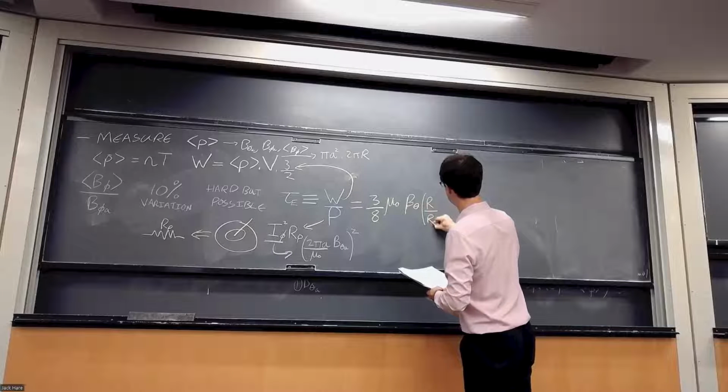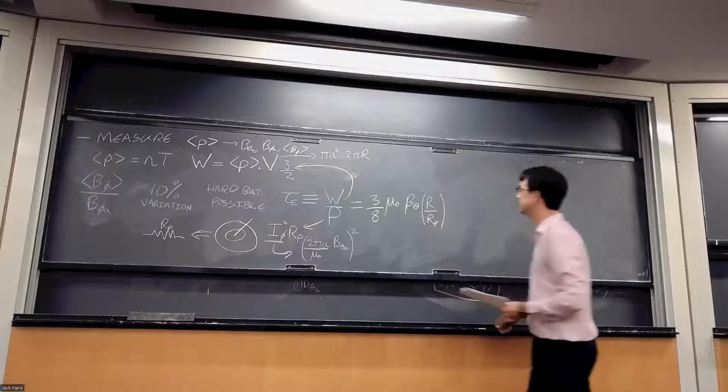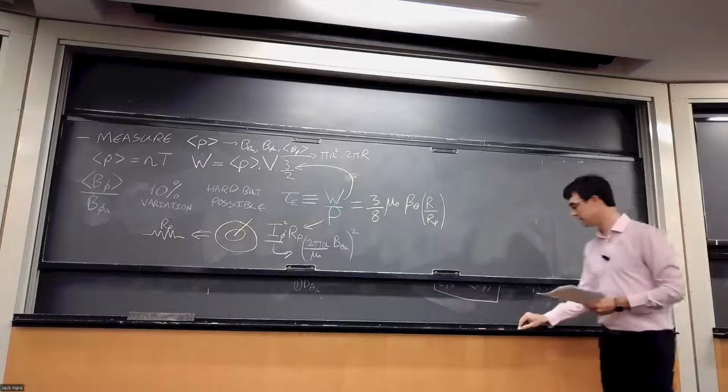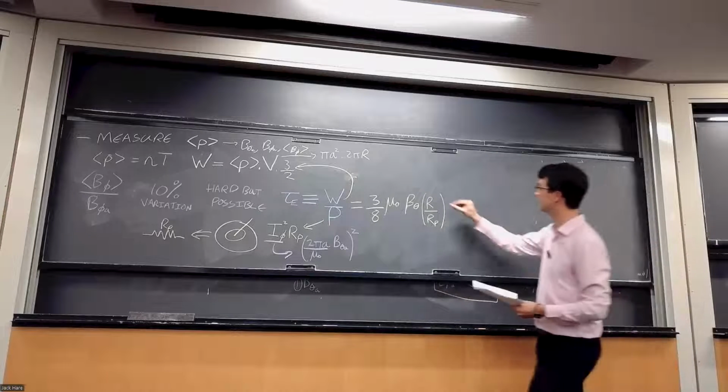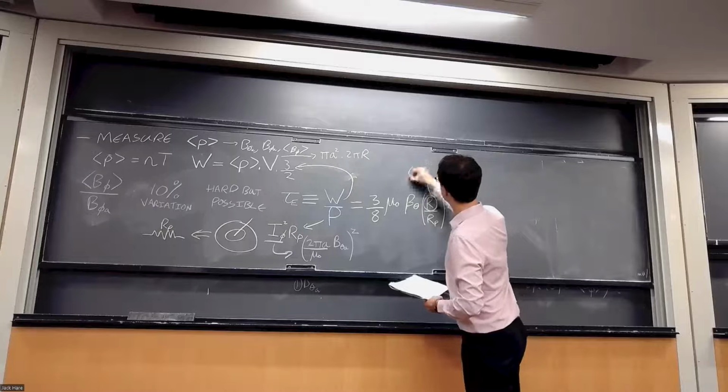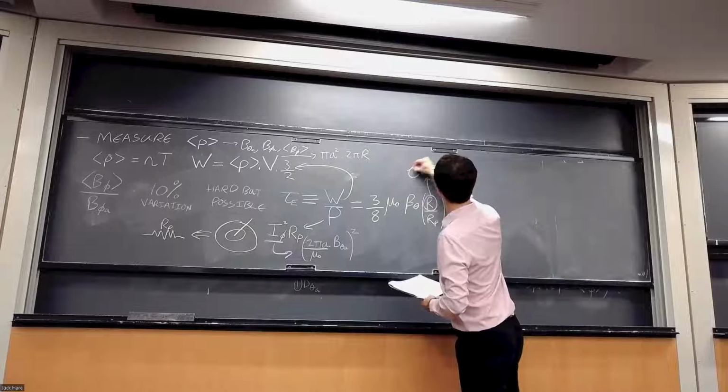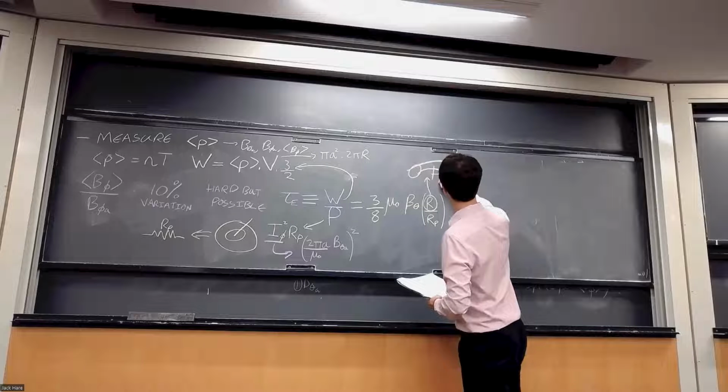r over rp. I personally dislike the way that we use r here because these are completely different r's. It makes it look like it's a ratio of things with the same quantities, but this is the r for your torus, the major radius.